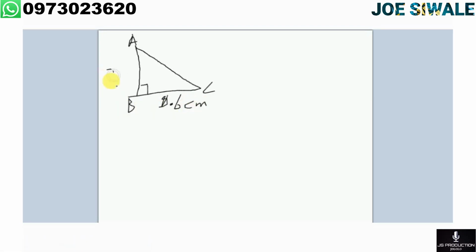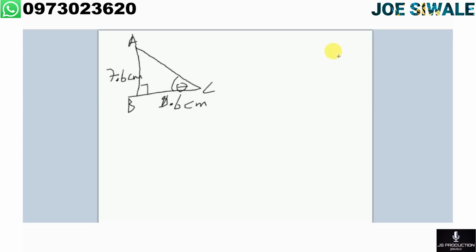Side AB is 7.6 centimeters. And I have been told to calculate the angle which is at point C. So angle theta, which is at point C.